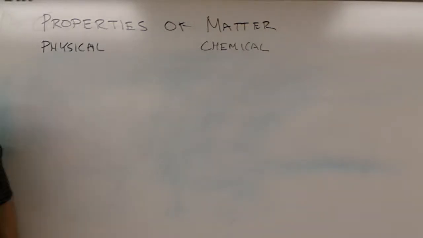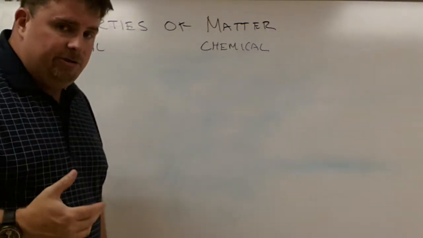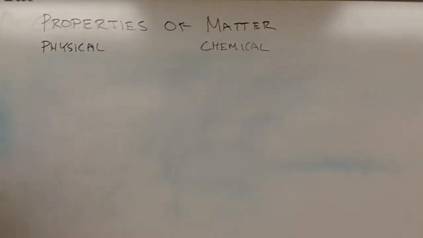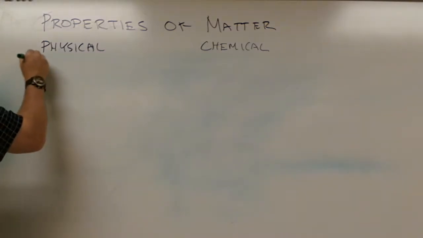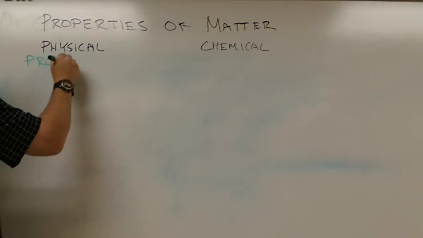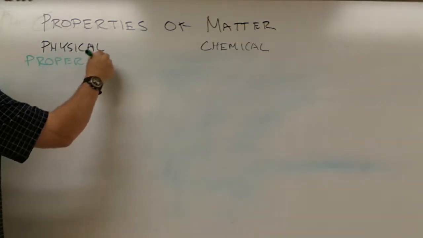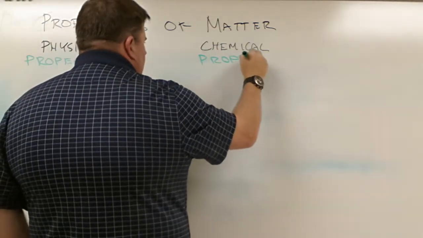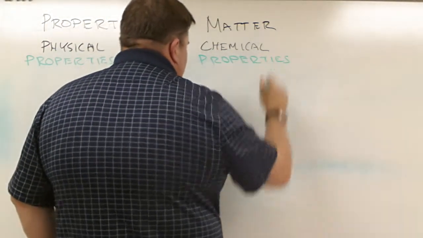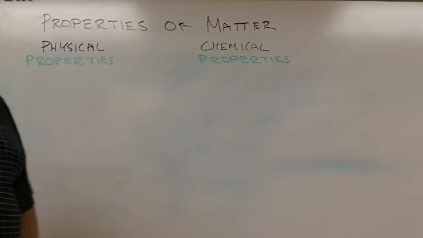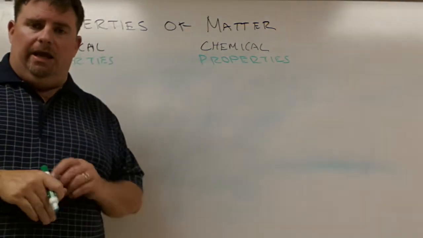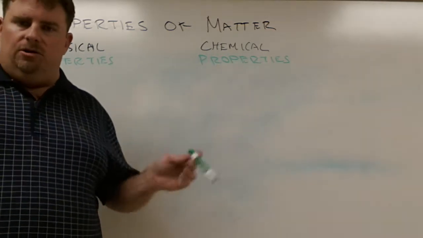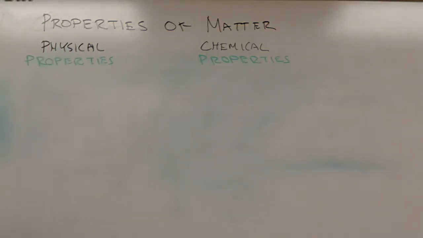When we talk about the properties of matter, we've talked about intensive and extensive properties. We want to talk about physical and chemical changes as well. Physical properties and chemical properties are observations we can make about a substance or mixture during a specific state.